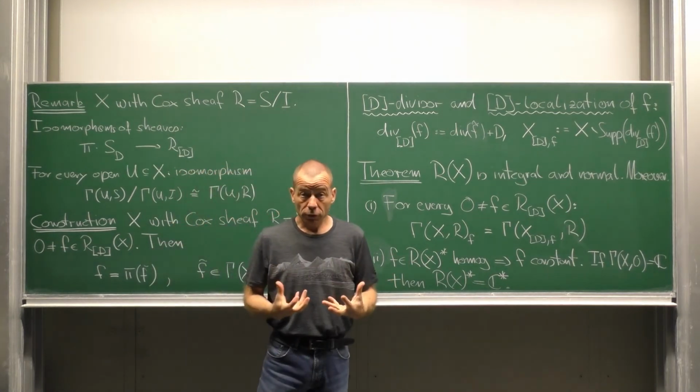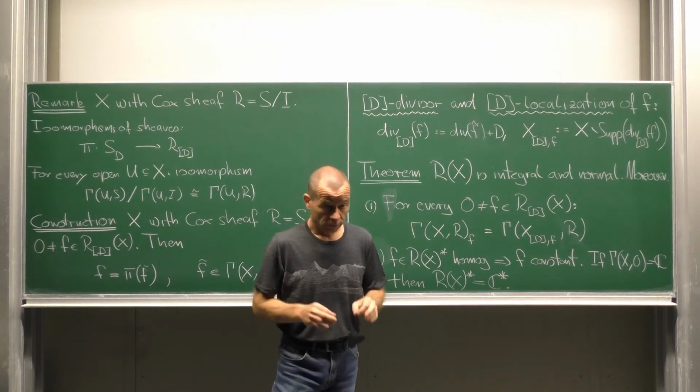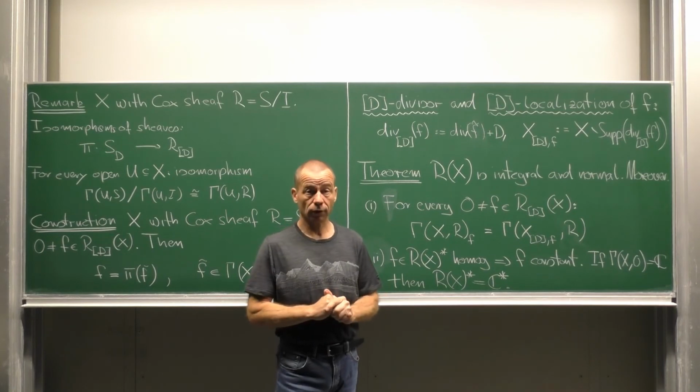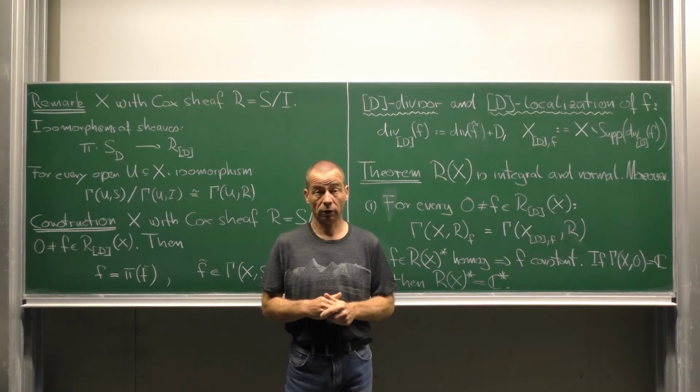Every homogeneous unit of the Cox ring is constant. Moreover, if the variety X has only constant global functions, for instance X is complete, then every unit of the Cox ring is constant.